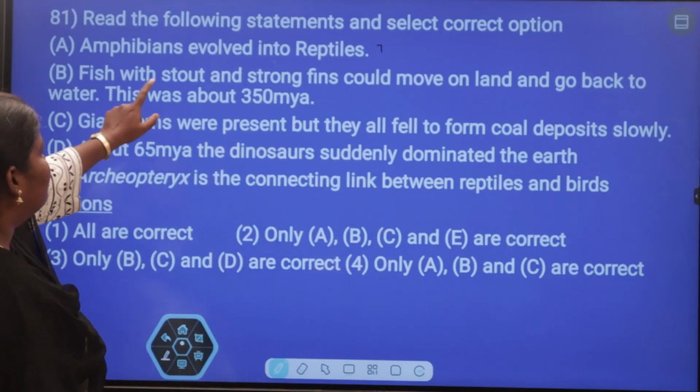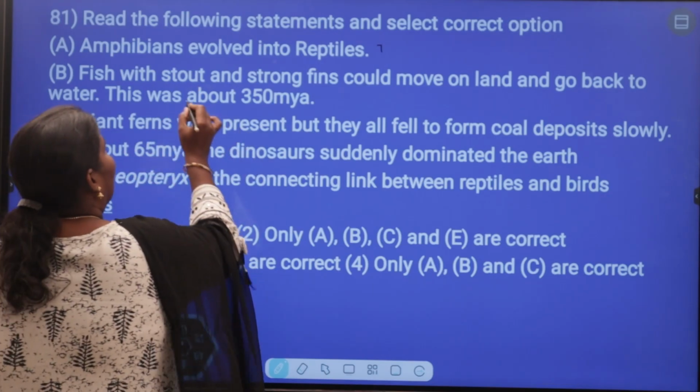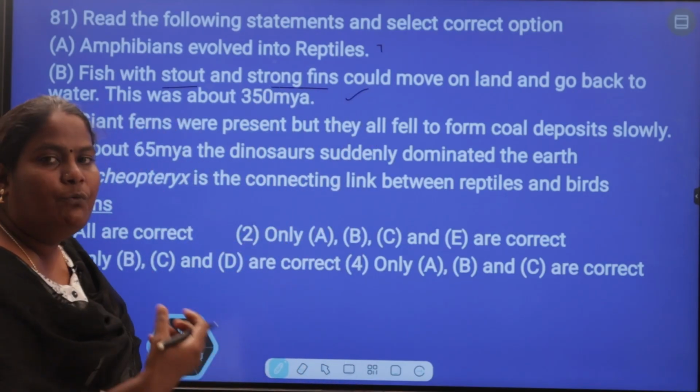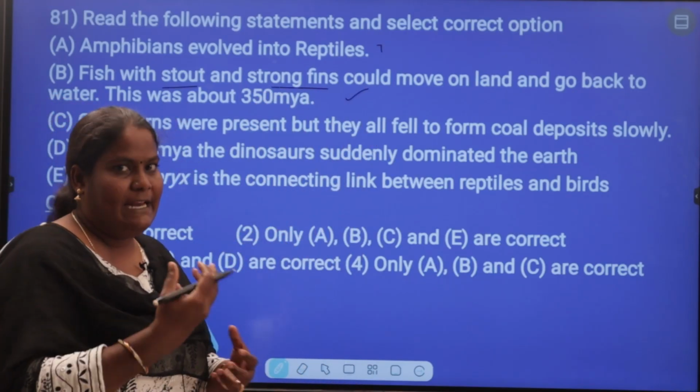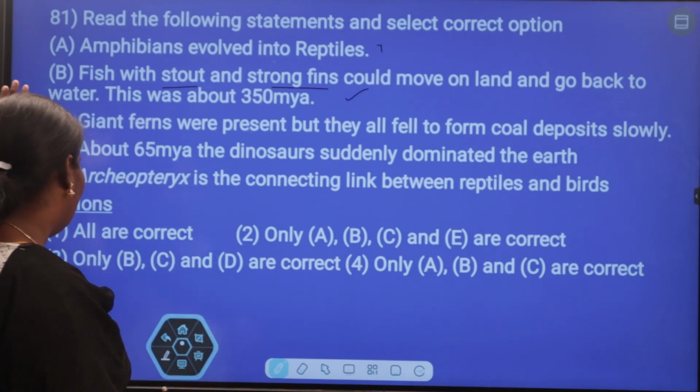Next, fishes with stout and strong fins could move on land and go back to water. Stout and strong fins allowed fishes to come out of the water and survive in the muddy environment. Of course, this statement is right.